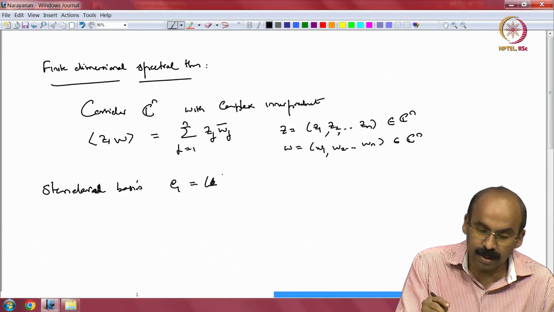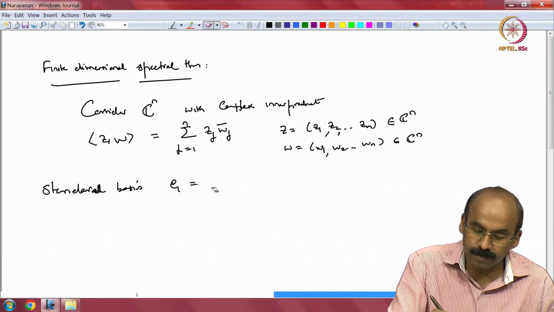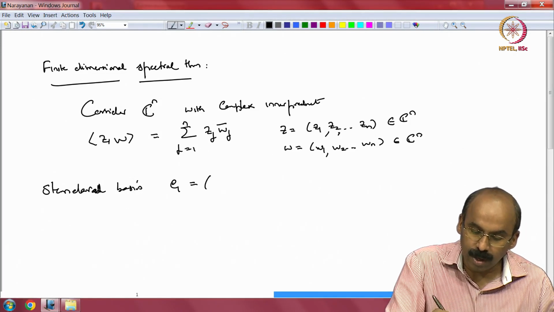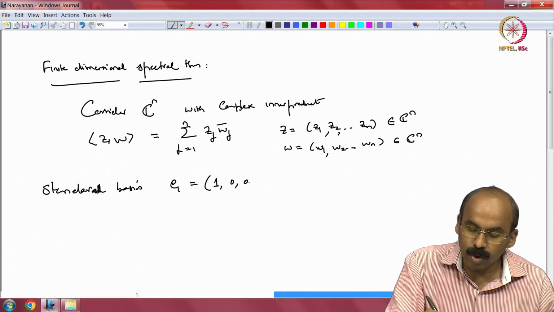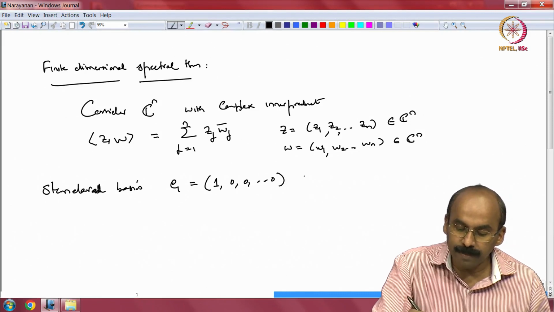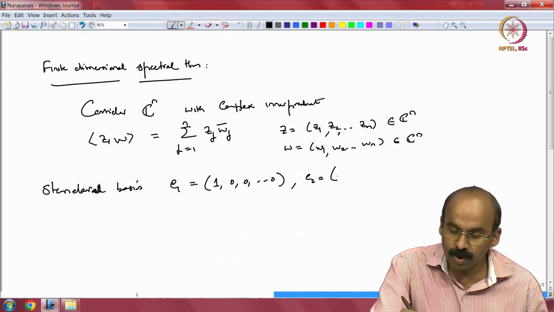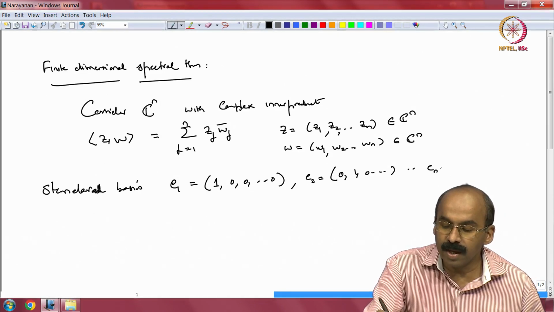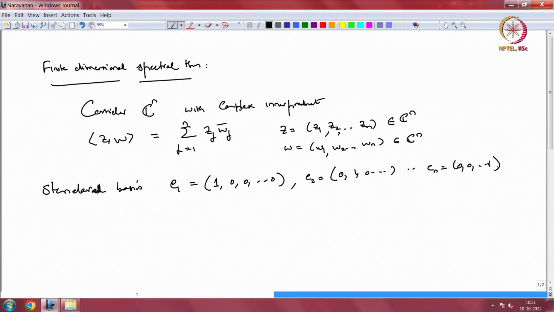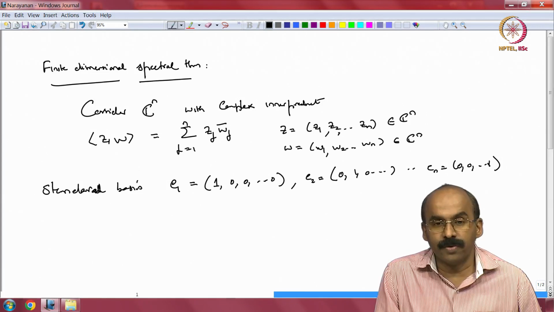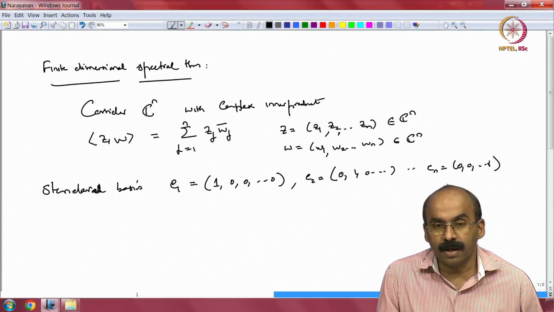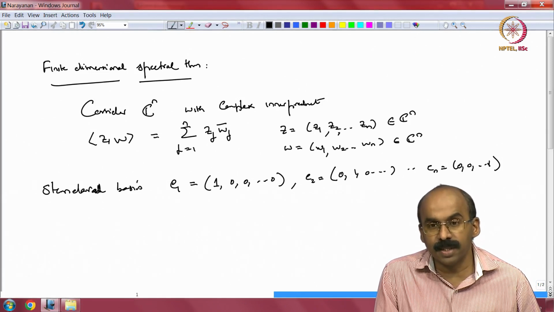So, e1 is 1, 0, 0, n times, and e2. So, this is something which you already know, 1 0 0 and so on, and we have en to be the last basis vector, right, and we can write down a linear transformation from Cn to Cn, and we can get its matrix form using this basis, right.